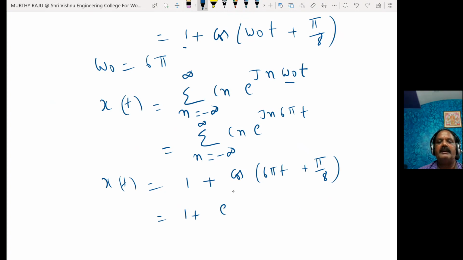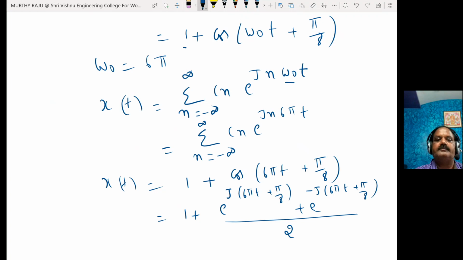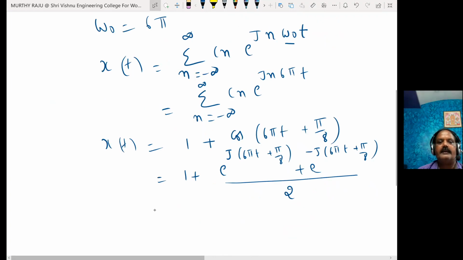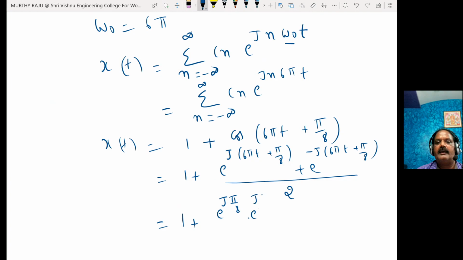Using cos x is equal to e power jx plus e power minus jx by 2, this becomes 1 plus e power j pi by 8 into e power j 6 pi t by 2 plus e power minus j pi by 8 e power minus j 6 pi t by 2. Compare this with x of t.